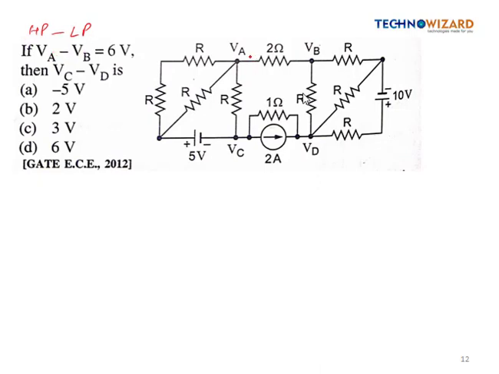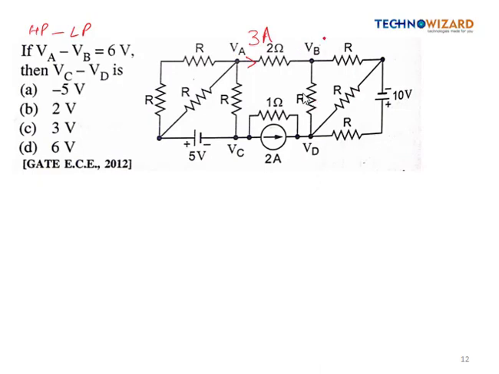It means the direction of current in the 2 ohm resistor is like this. So we can calculate the current flowing through the 2 ohm resistance, which will be simply VA minus VB by 2. So it will be 6 by 2, so 3 ampere current is flowing like this because VA terminal is high potential and this is low potential, right?